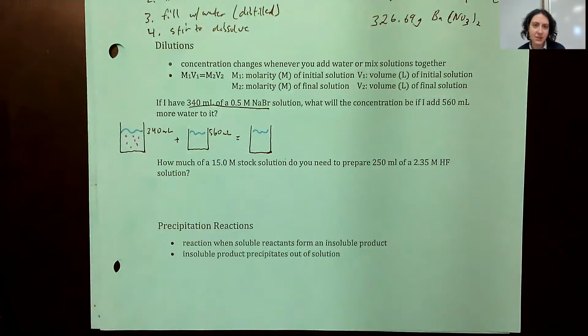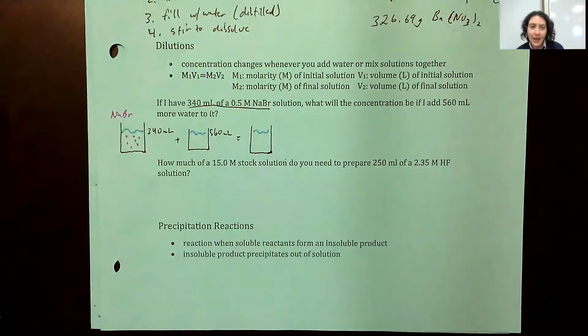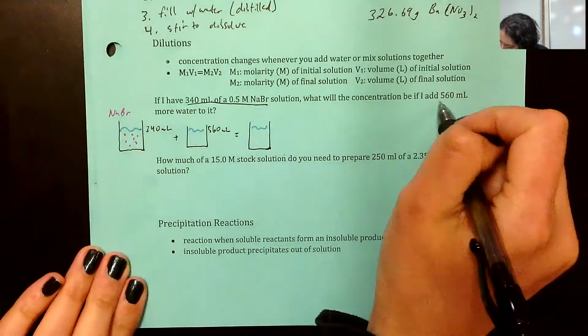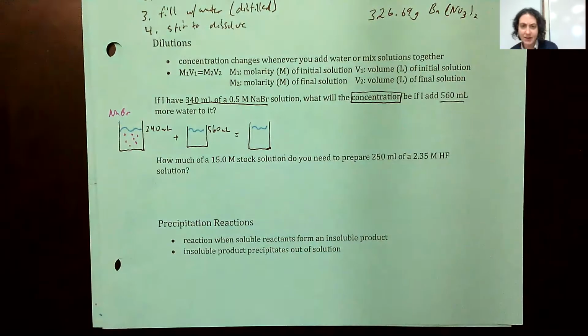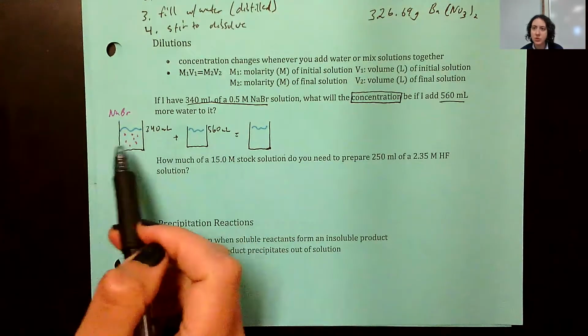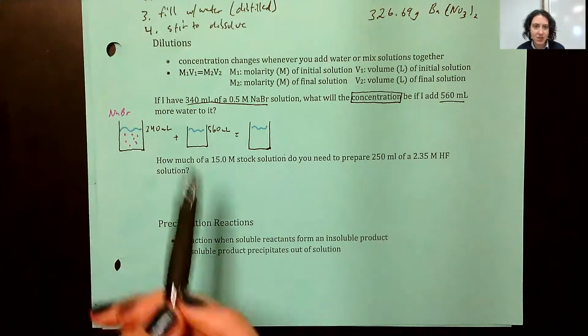This stuff is the sodium bromide, and we are going to add water to it. We want to know what the concentration is after we've added this water. Here's what we know is going to happen. When we mix these two solutions, the final volume is going to change. I should have drawn this with the water levels changing, but you get the picture.